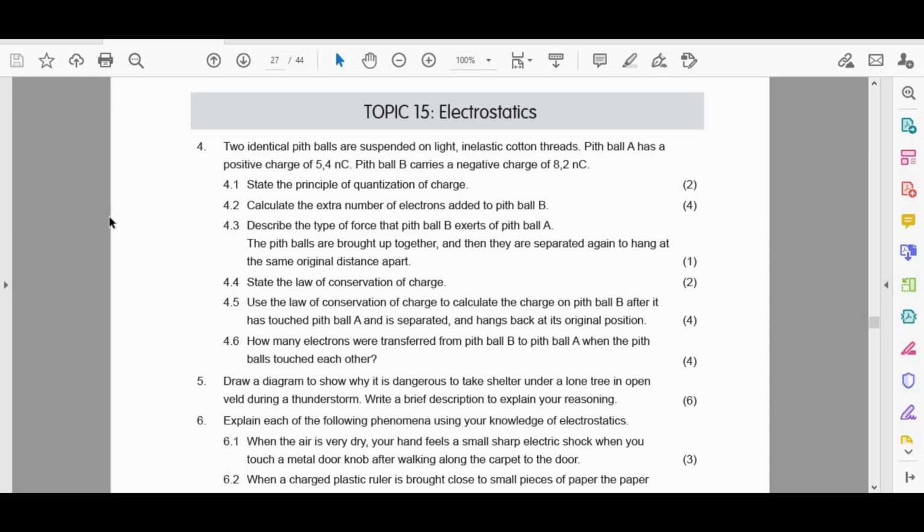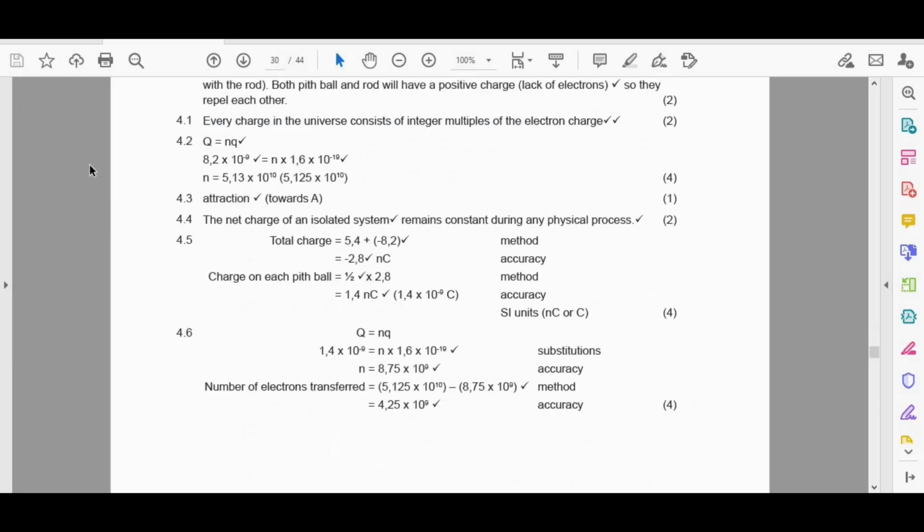How many electrons were transferred from pith ball B to pith ball A when they touched each other? It's quite a nice little question, so we're going to spend some time doing it before we go through the solutions. So what I want to do, ladies, is just start with answering 4.1, which was: state the principle of quantization of charge.